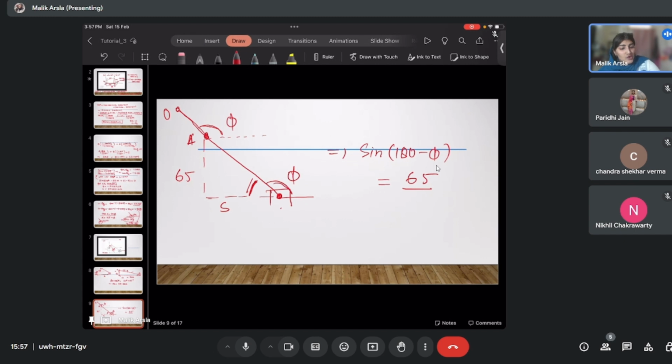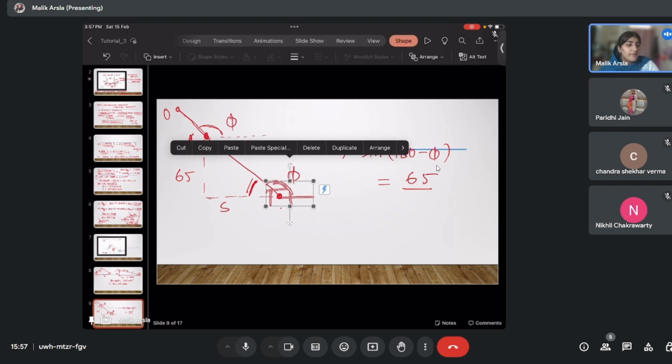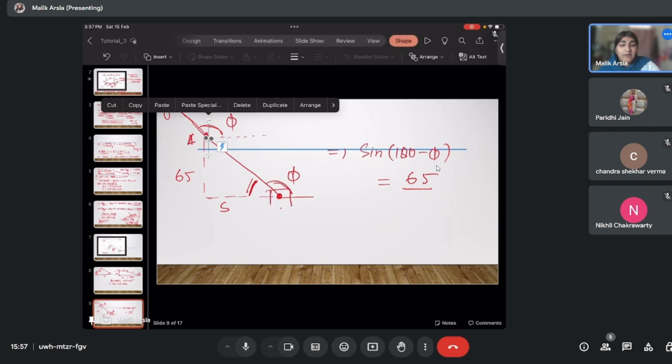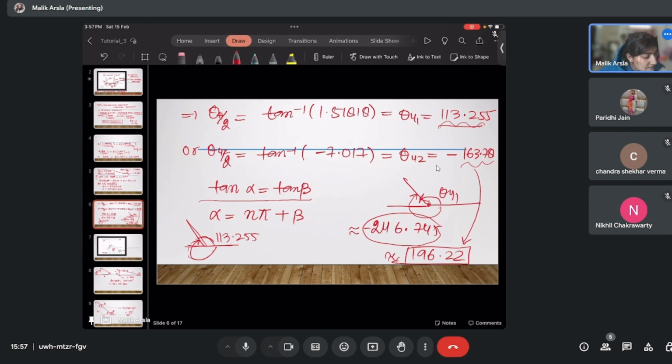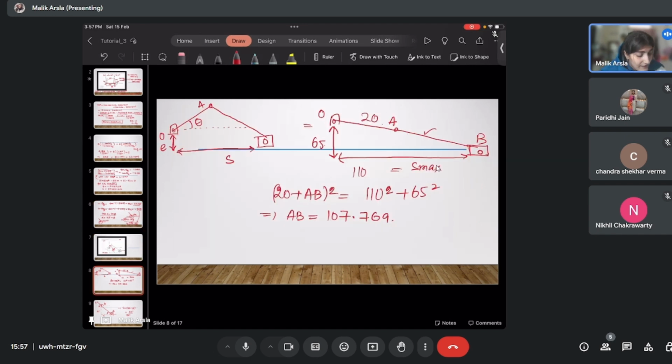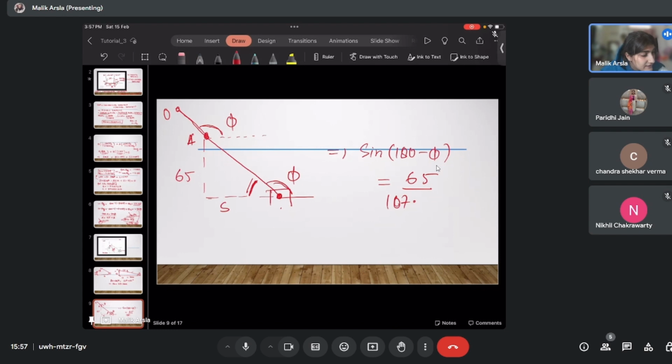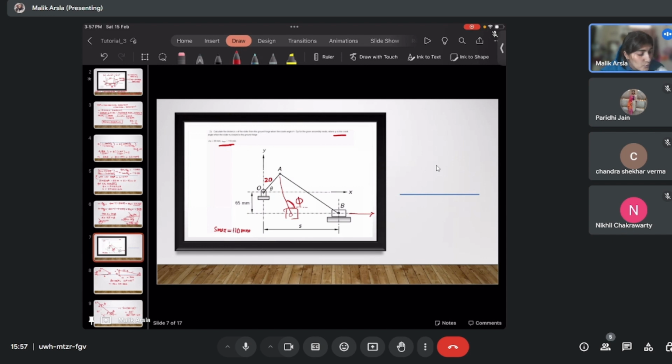How do we calculate this distance? This will be the whole AB minus the portion which has gone beyond this, that will be 20. So it will be 107.769 minus 20, because we know that this length was already equal to OA, so that was 20.